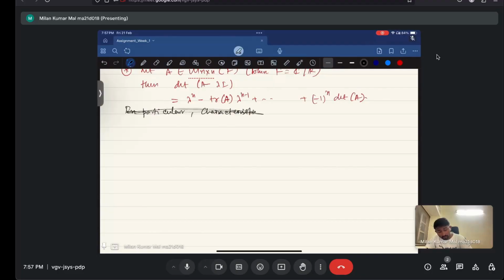Also I just want to add some things. If lambda 1, lambda 2, ..., lambda n are the eigenvalues of A with repetition, that means if an eigenvalue is repeating in the characteristic polynomial, then still we are counting it with repetition.